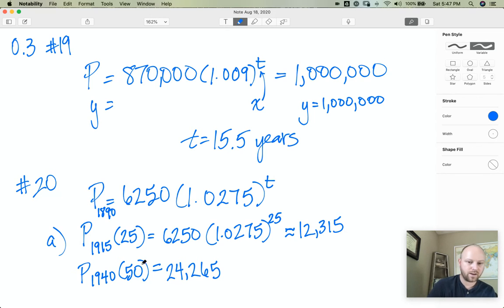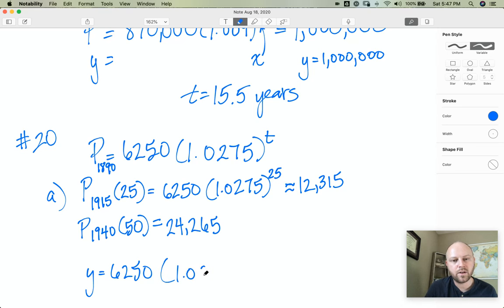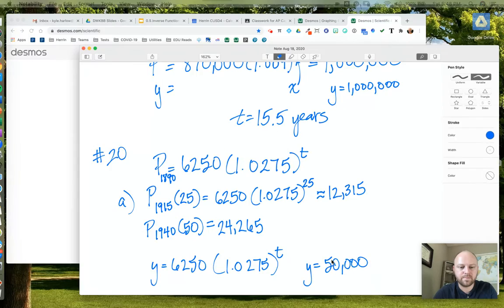Part B of that question, we're looking at approximately when did the population reach 50,000? Let's do that like we did 19 and go y equals 6250 times 1.0275 to the t. And also let's go y equals 50,000. And let's solve graphically.